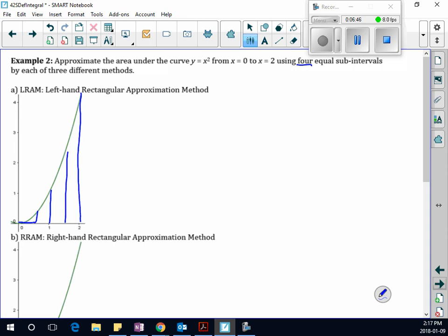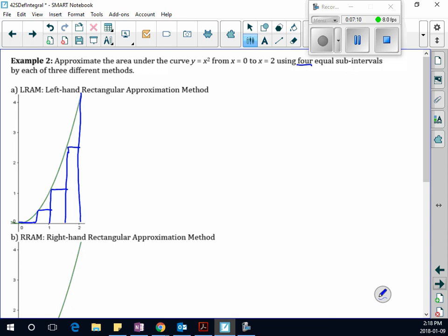This rectangle is that. This rectangle is that. And this rectangle is that. Yeah? So does everybody see we have 4 rectangles from 0 to 2?